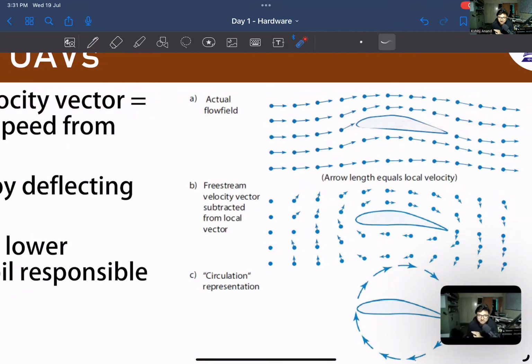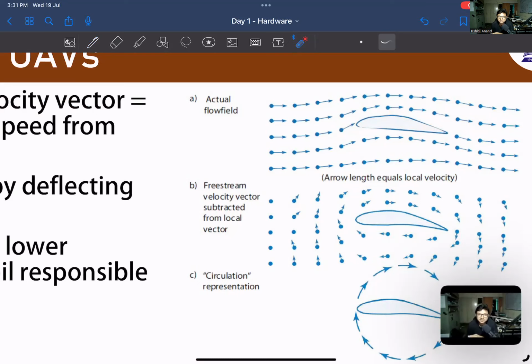To minimize this drag, this should have smooth contours and no sharp points or blunt faces. That is going to increase drag. So to make it smooth, we keep a rounded tip and we introduce more curvature on the top surface and lesser curvature on the bottom surface. This basically leads to more deflection of the flow on the upper part and lesser deflection of the flow on the lower part.